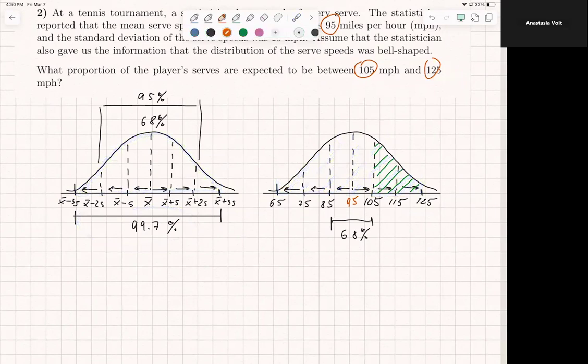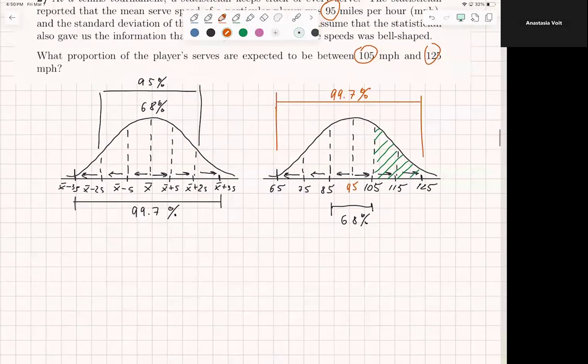So let me mark that here. So this is our 99.7%, okay? So now we want, first we can find what is the portion that is in these two tails, right? How can we find that? From the whole bell shape, from 99.7%, we can subtract this middle portion, right?